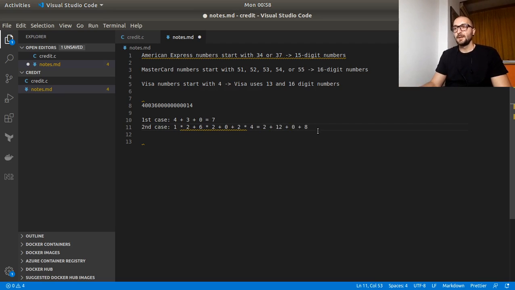One thing here: whenever we have a 2-digit number, for example if our digit is 5 or greater, between 5 and 9 basically, and we multiply it by 2, we would get a 2-digit number. Whenever that happens, we add those 2 digits as well. So here, if we have 12, we will have 3, 1 plus 2.